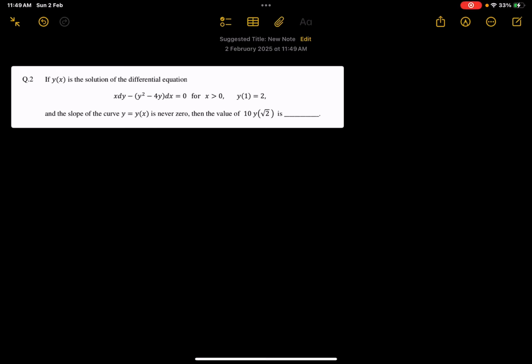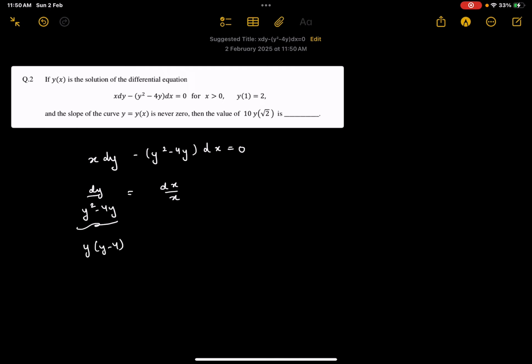So we'll rewrite this as, we have this equation. We'll rewrite this as dy upon y equals dx by x, which is, we rewrite this as y into y minus 4.